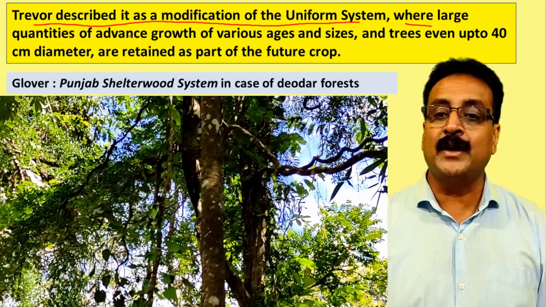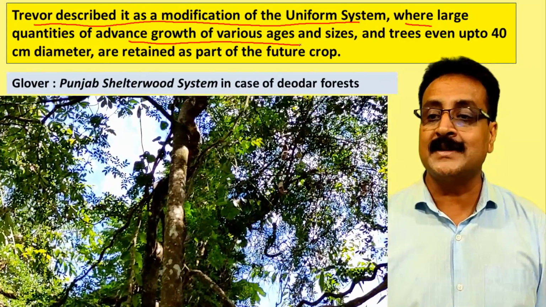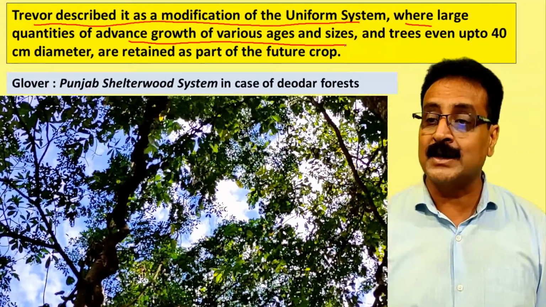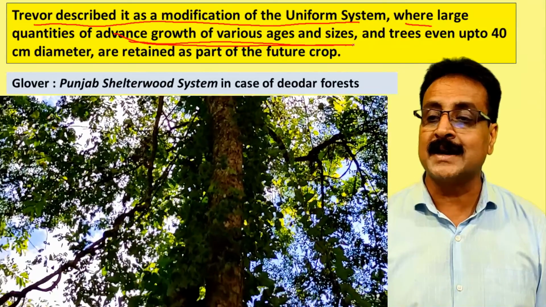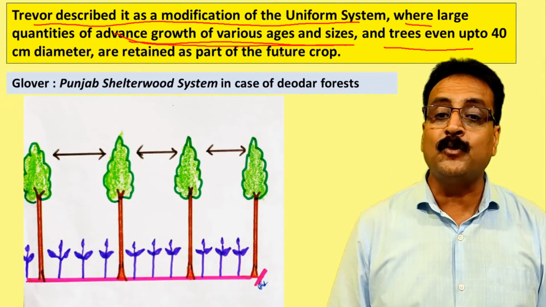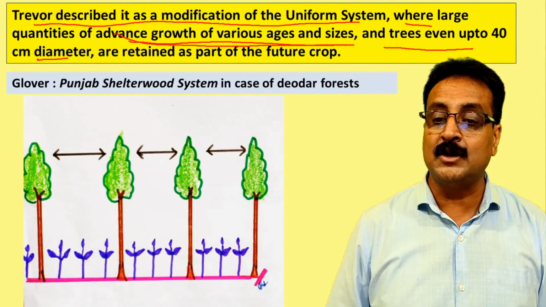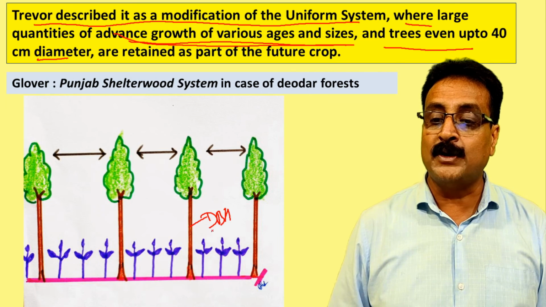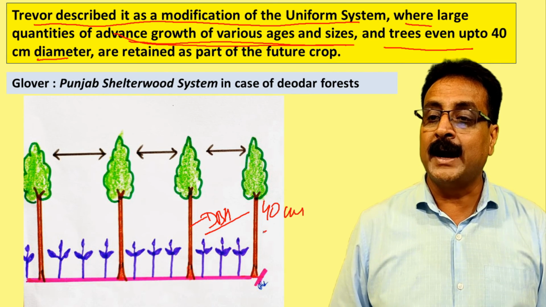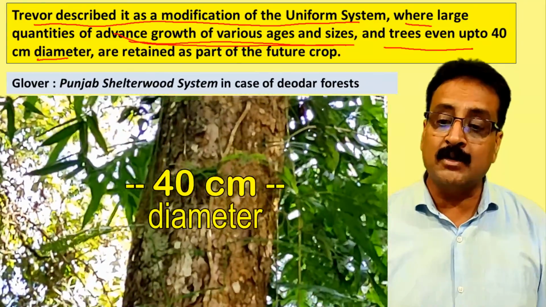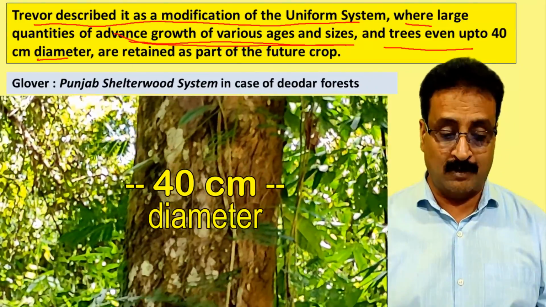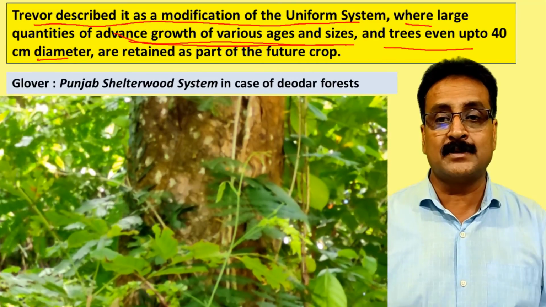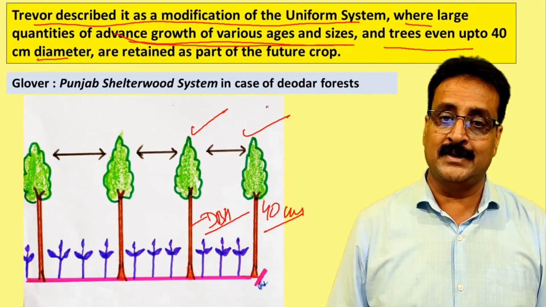In this Indian Irregular Shelterwood System, a large quantity of advanced growth of various ages and sizes, and trees even up to 40 centimeter diameter, that is DBH, are retained. They are not cut down, they are retained. Just by retaining this big diameter of 40 centimeter, it becomes somewhat uneven aged.